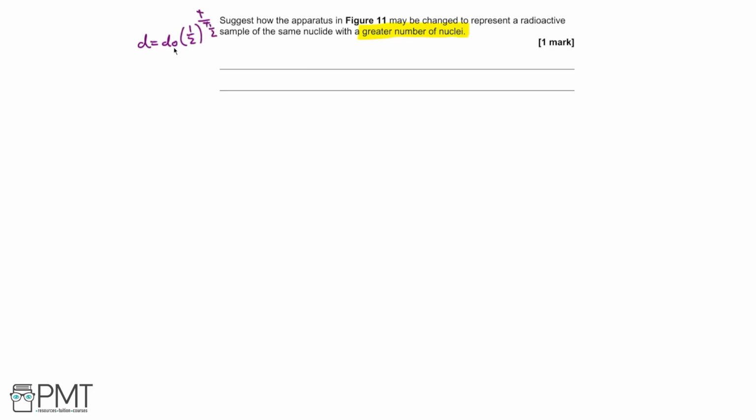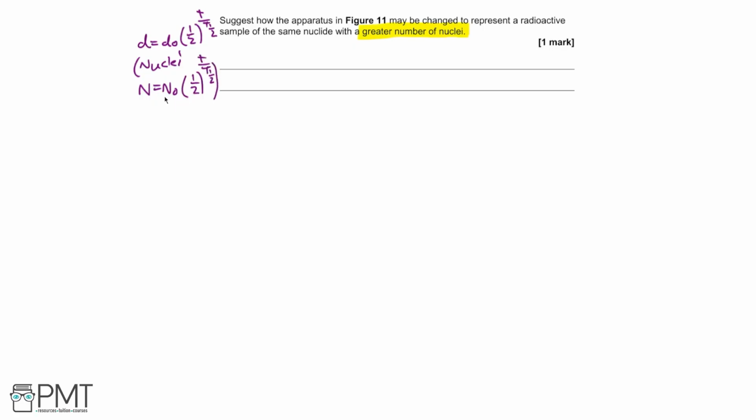Here, we see that this is an exponential decay, because we were able to relate this to another exponential decay equation above. Now, because of this, if we just want to have a greater number of nuclei, the analogous equation for nuclei is given by N is equal to N0 times a half to the t divided by t half, in the same way as before.